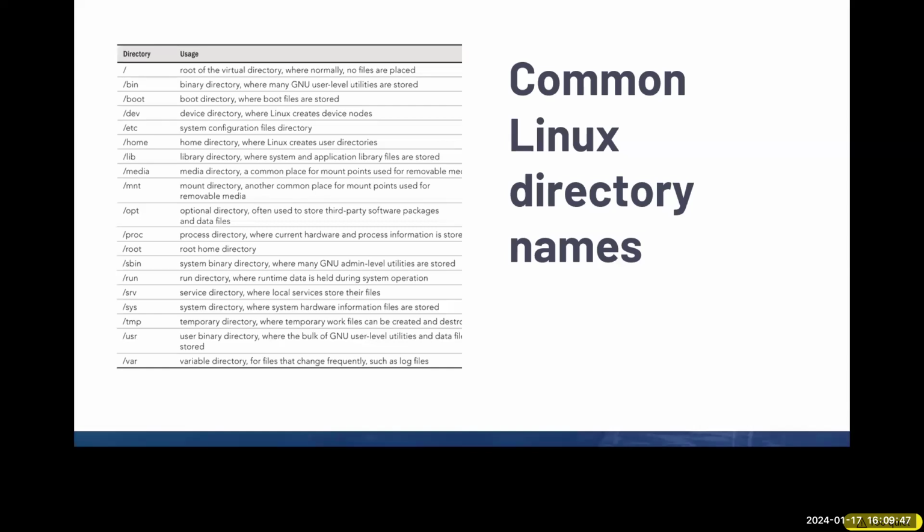We can have slash home, which is the home directory where Linux creates user directories, which we'll be using in a bit. We can have slash media, a common place for mount points used for removable media. We can have slash tmp for the temporary directory, where temporary work files can be created and destroyed, and slash usr, the user binary directory, etc.